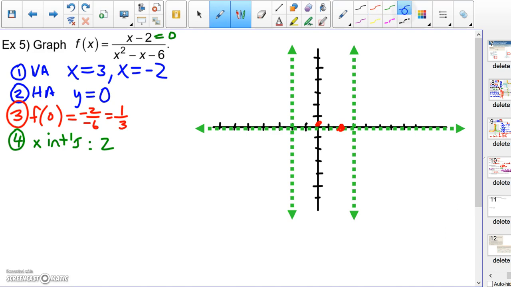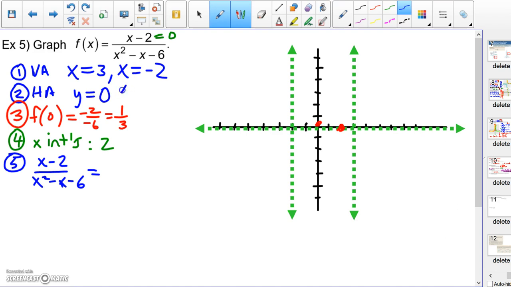Step 5. Find out if it intersects the horizontal asymptote. Well, we can already see that it's going to, but normally what you would do is take the function and set it equal to whatever the horizontal asymptote was.